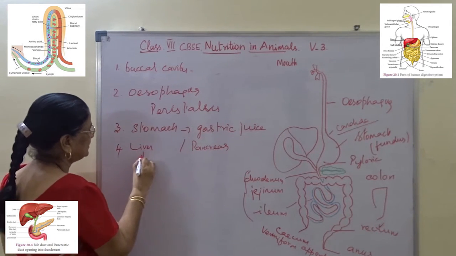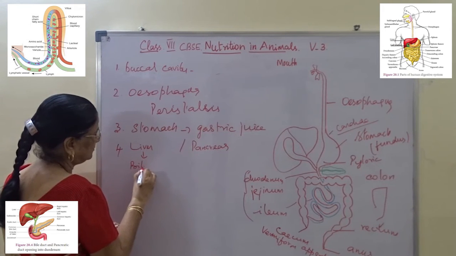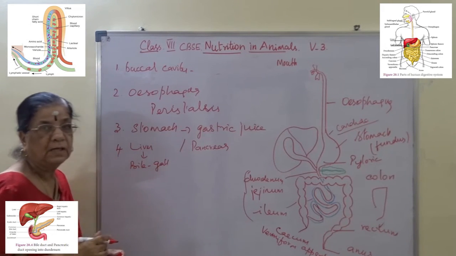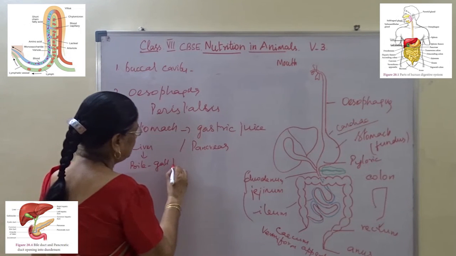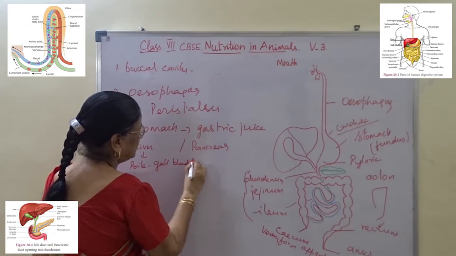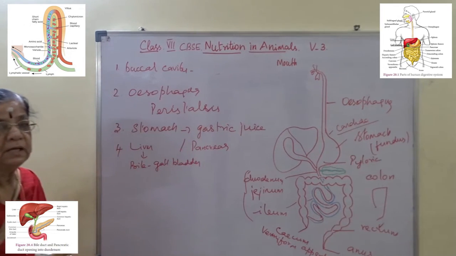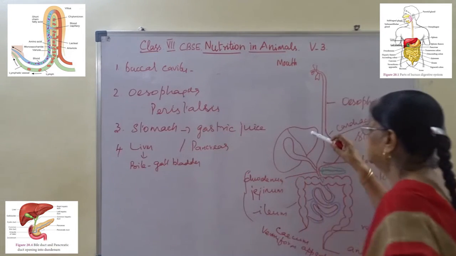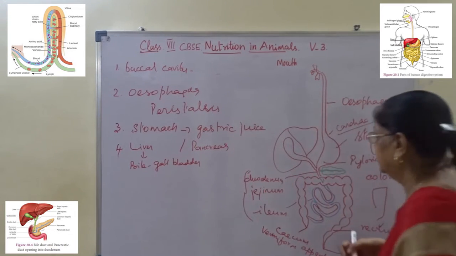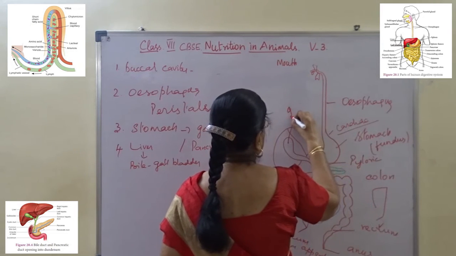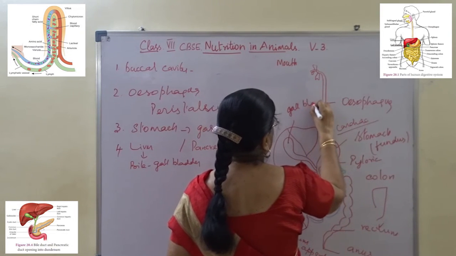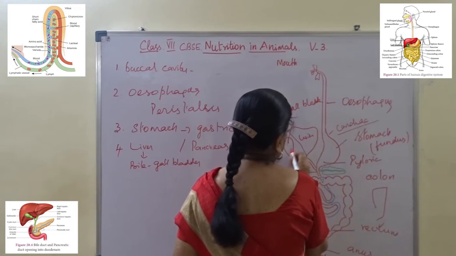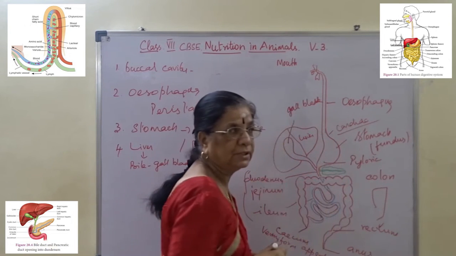Now, the liver secretes bile juice, and it is stored in the gallbladder. From there, the bile juice reaches the duodenum.